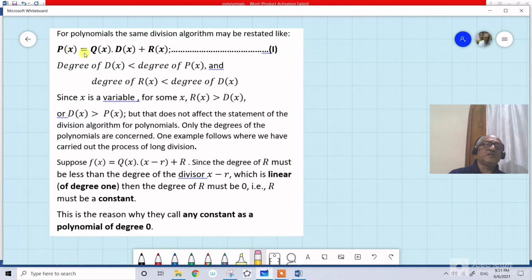P(x) is called the dividend, d(x) is called the divisor, and the quotient is q(x), and r(x) is the remainder or leftover. Here, because x is an unknown, we cannot know which is smaller or which is larger. But one thing is certain: the degree of p(x) must be greater than the degree of d(x). The degree of the dividend must be greater than the degree of the divisor, and the degree of the remainder must be less than the degree of the divisor.